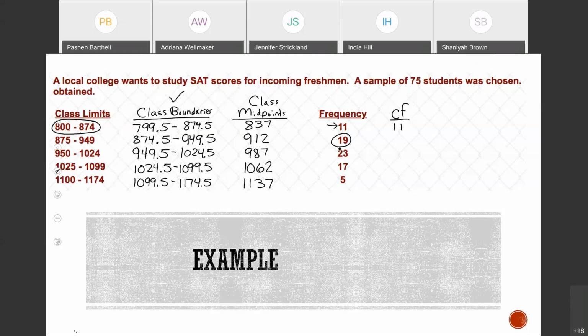So 11 plus 19 is going to give me 30. Then we move to the next class and we pick up 23 more numbers. So that makes the total 53. Pick up 17 more, we're going to be at 70. Pick up 5 more, we'll be at 75. Now we have the cumulative frequencies and the boundaries that we need for our graph.